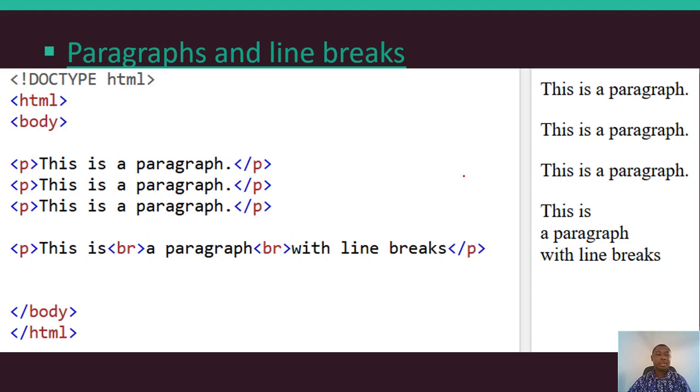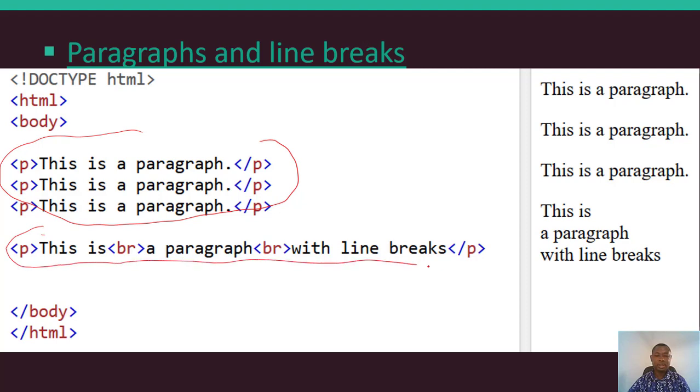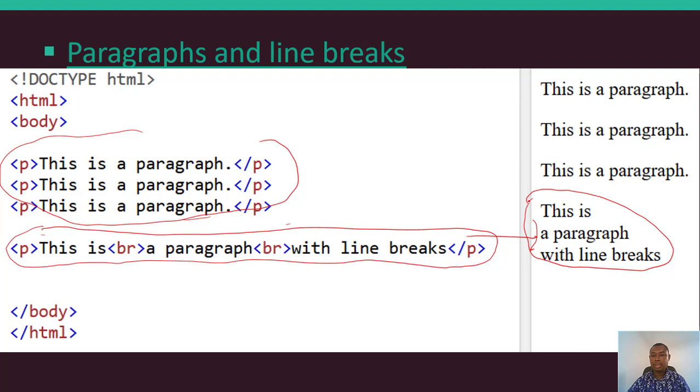Line breaks. Apart from the paragraphs, which are here, we can also have a line break. Within the code, you can see this one as a continuous sentence. But this corresponds to this particular sentence.